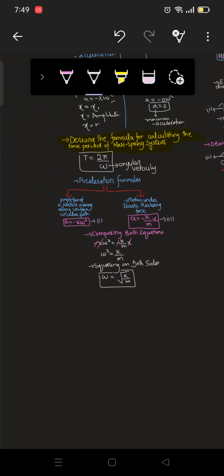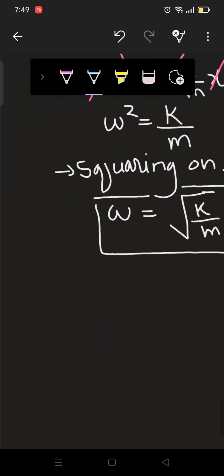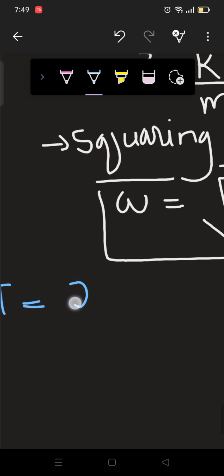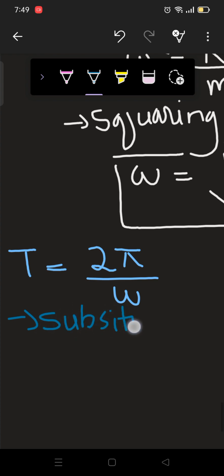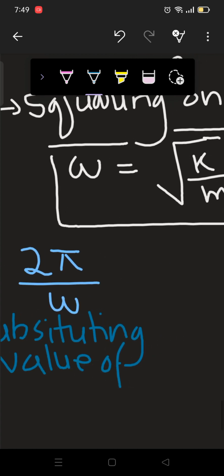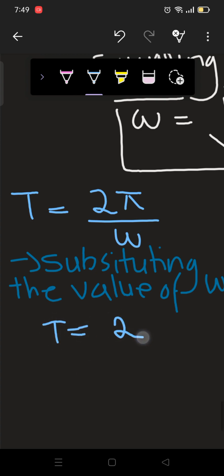Now we are going to substitute the value of omega in our general equation, T is equal to 2 pi over omega, so what we have here is T is equal to 2 pi over under root k over m.